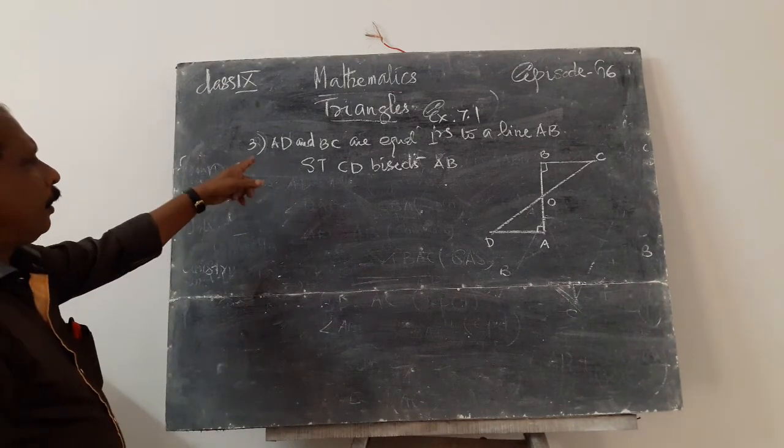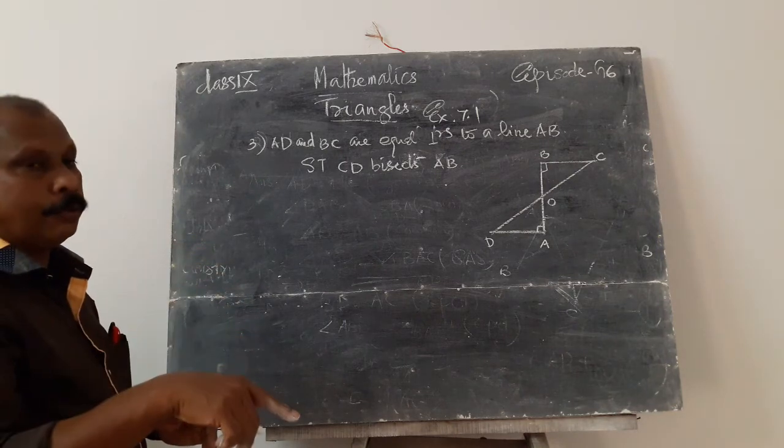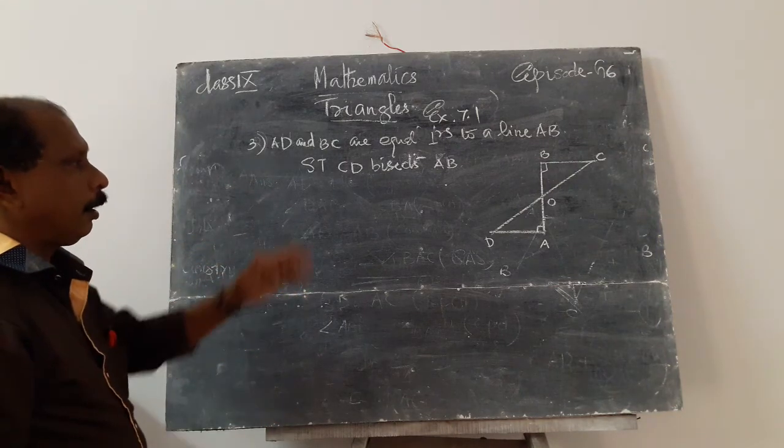Given that AD and BC are equal and they are perpendicular to the line AB.